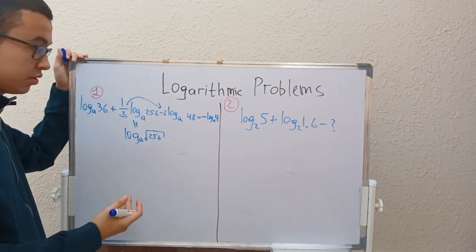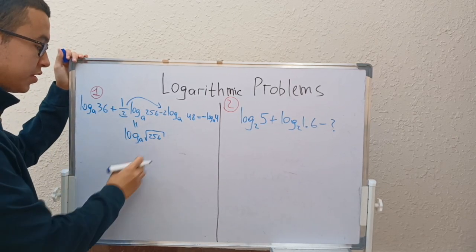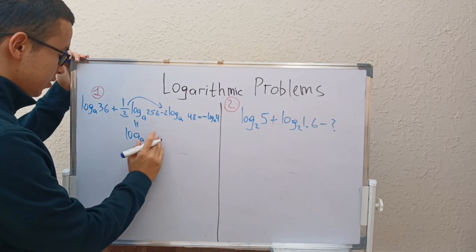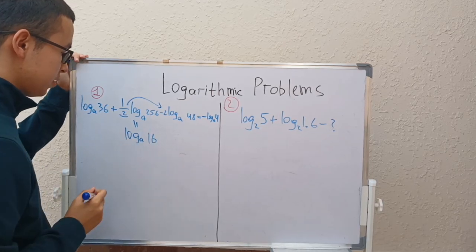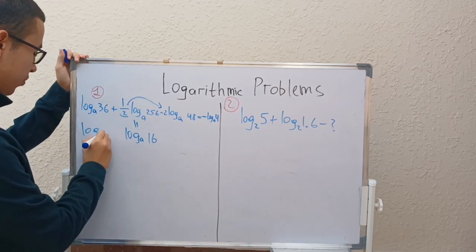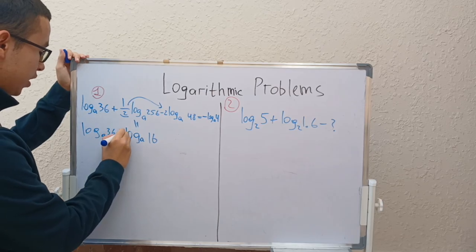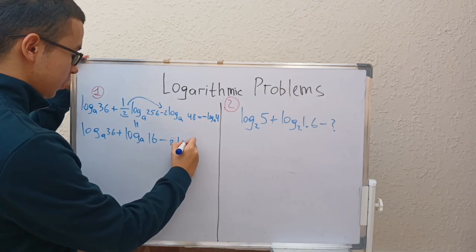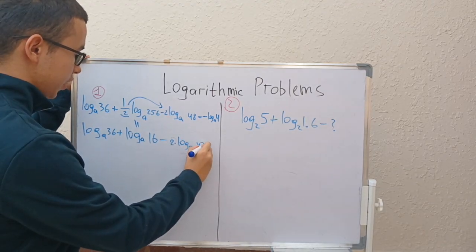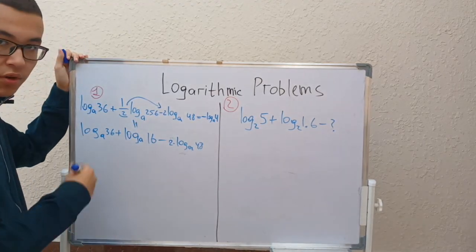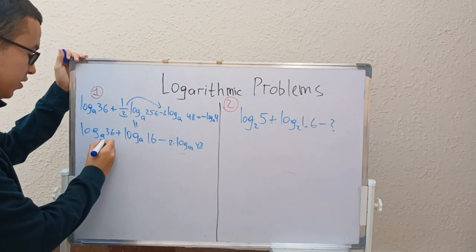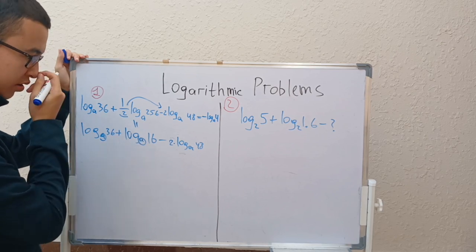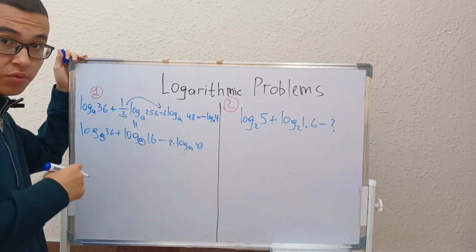Because we know that the square root of 256 is equal to 16, we can write it as 16. And we would have logarithm base a of 36 plus and minus 2 times logarithm base a of 48. Then we have the same base, so we can use the property of multiplying.